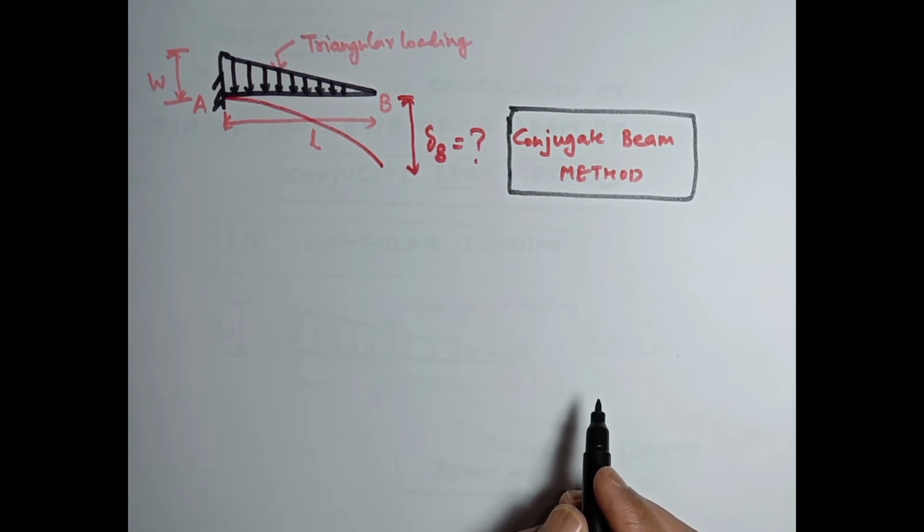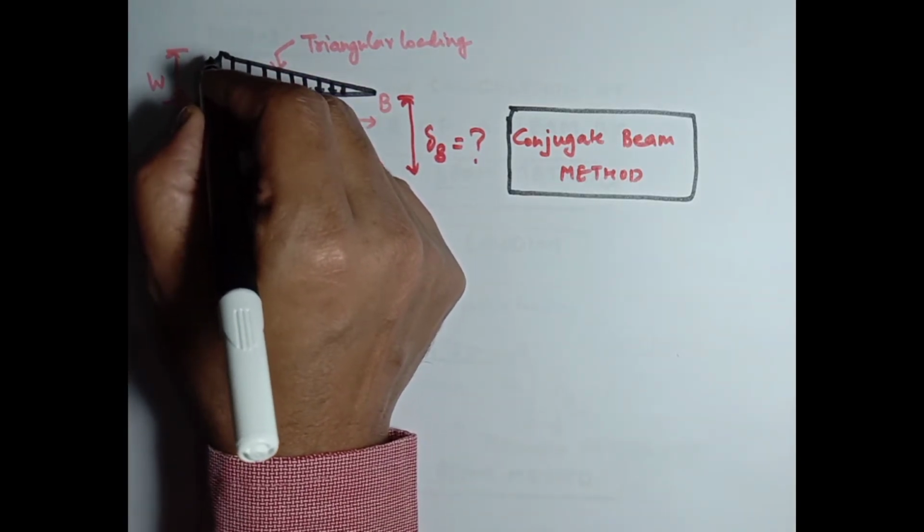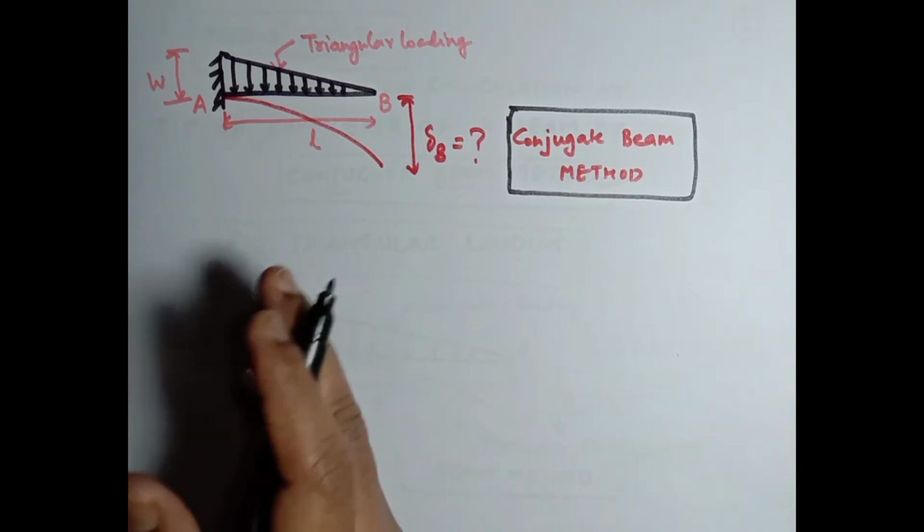As you know, the procedure for the conjugate beam method to evaluate deflection at any point for a beam which is subjected to any kind of load, maybe point load, uniformly distributed load, triangular loading, or trapezoidal loading, you need to develop a conjugate beam of a real beam.